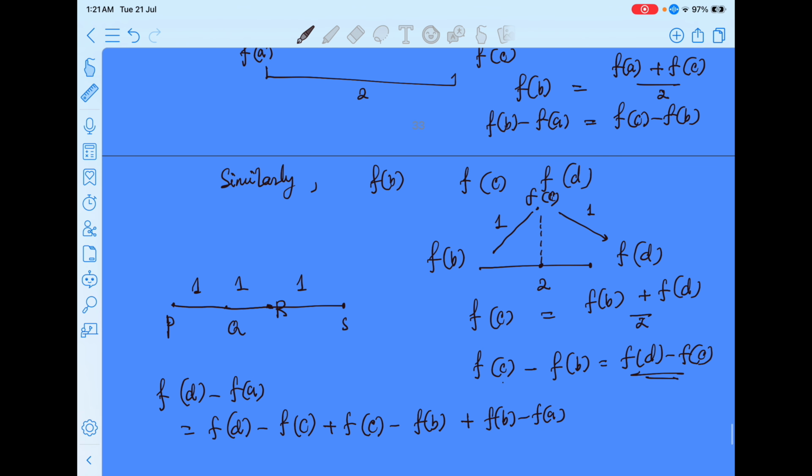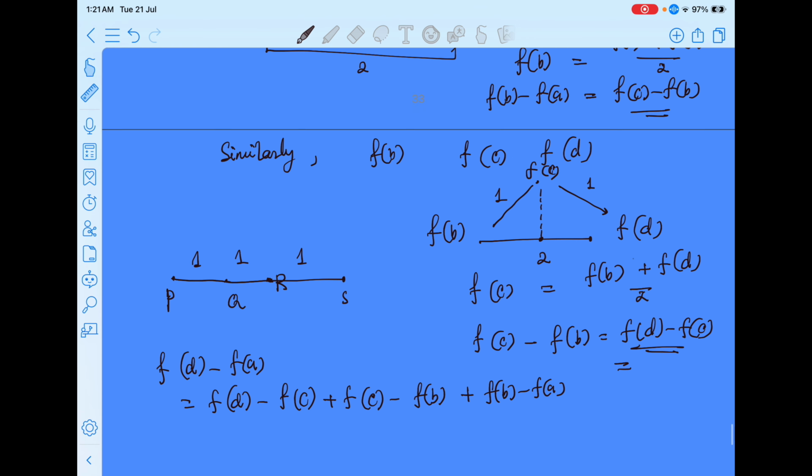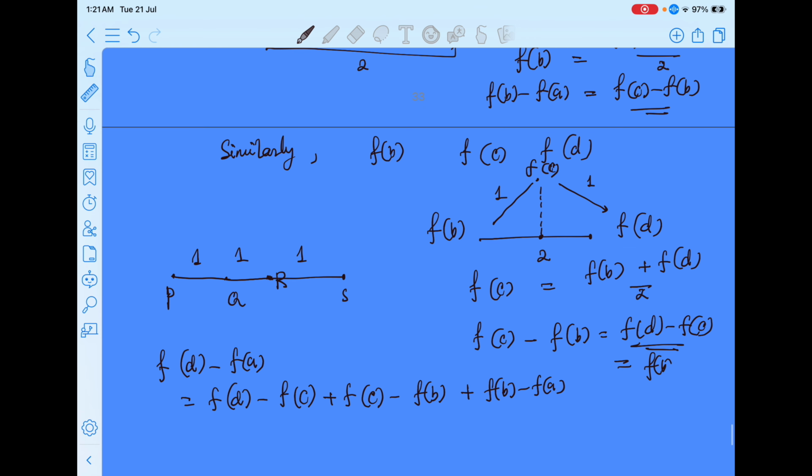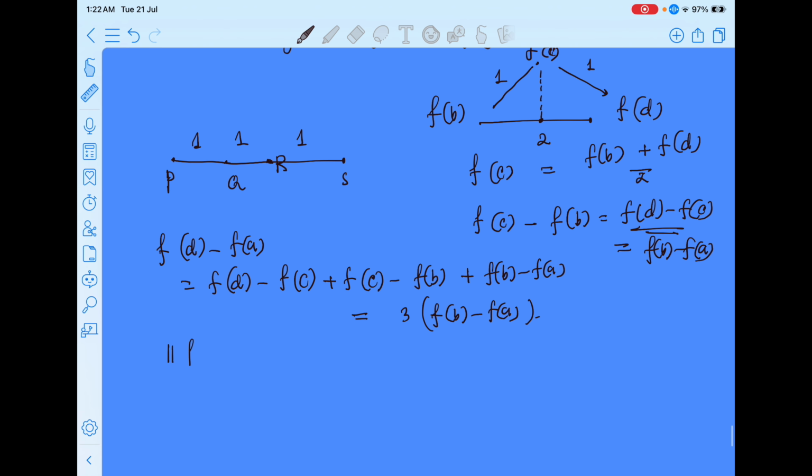So f of c minus f of b equals f of d minus f of c, and f of c minus f of b is f of b minus f of a. Then you can simply say that this is equal to 3 times f of b minus f of a. Then what will be the norm? The norm means the distance, the Euclidean norm.